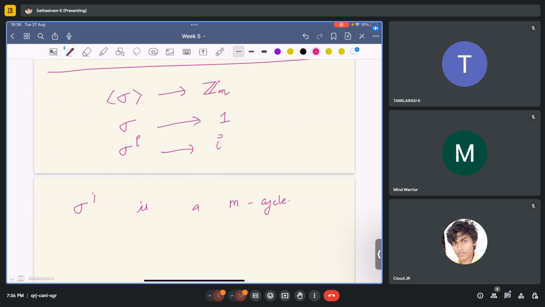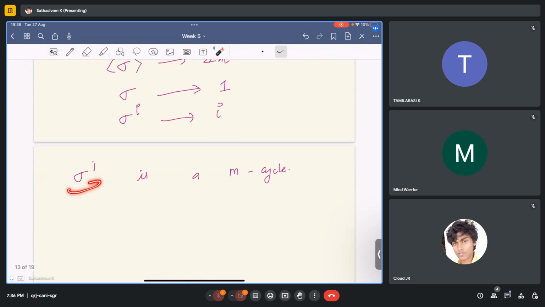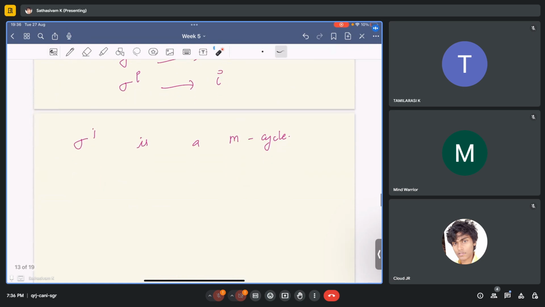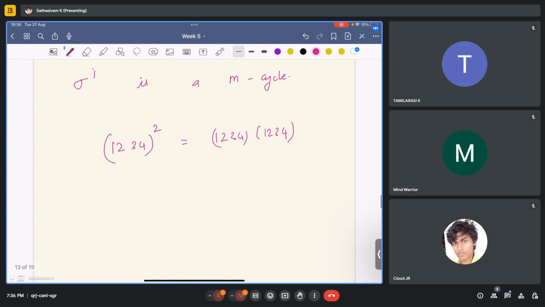In particular, I want to say that all the sigma power i need not be an m-cycle. Let me give an example to show that it's not true in general. For example, you take (1 2 3 4) and then you just square it. This is nothing but (1 2 3 4)(1 2 3 4). Let's compute it. 1 goes to 2, 2 goes to 3, so 1 goes to 3.